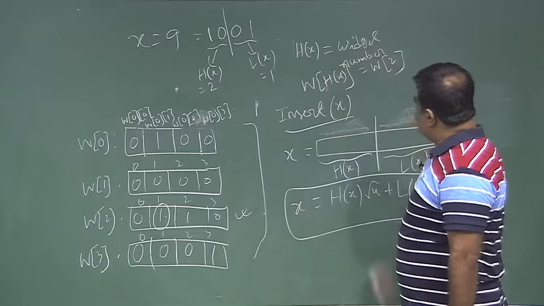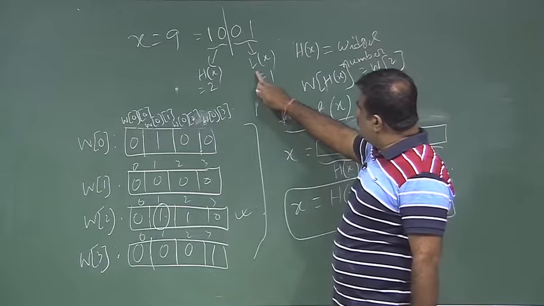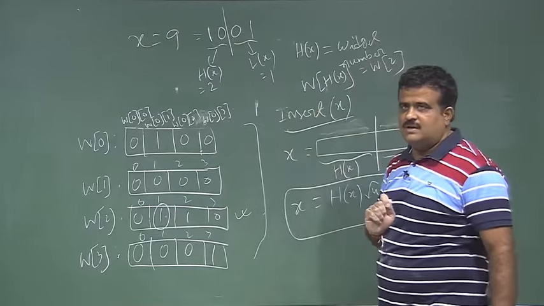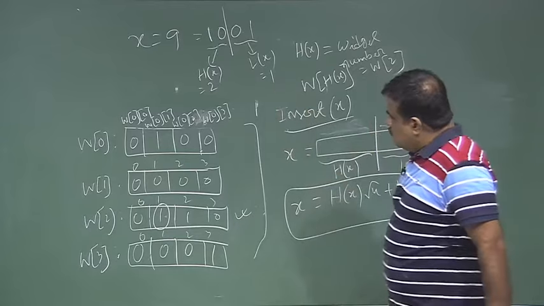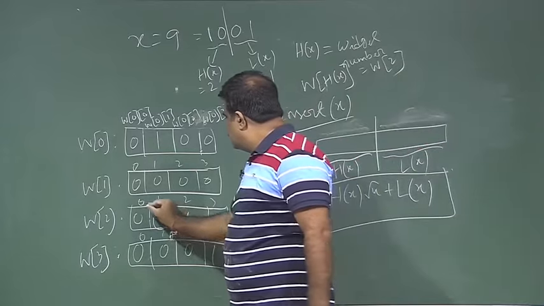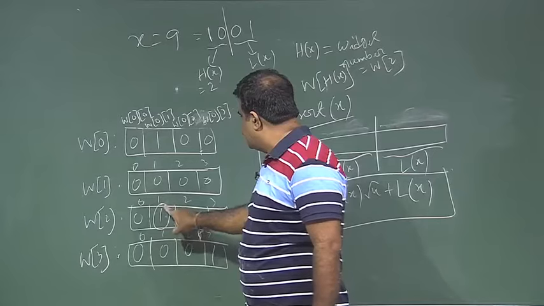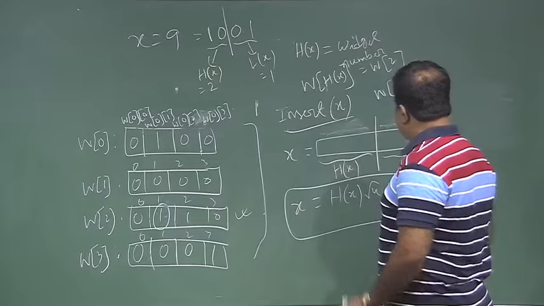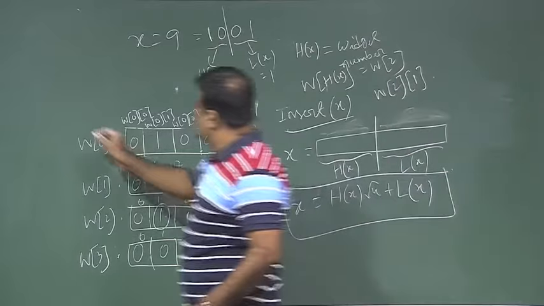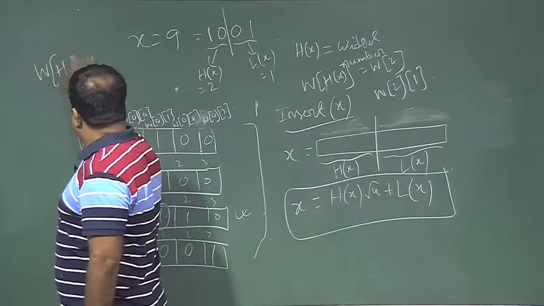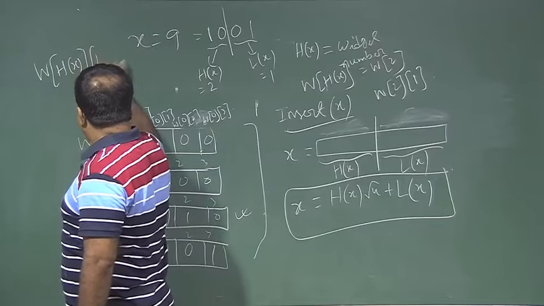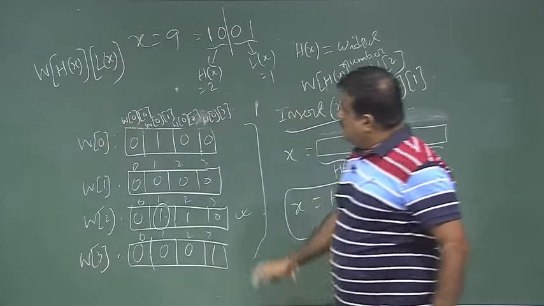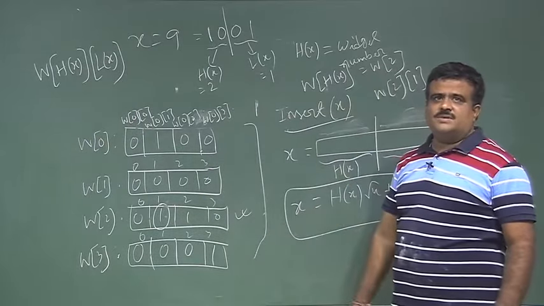In W2, the low of x gives the position of x in that block. This is 1, so we need to look at this 0 1 position, which is W2 1. So, this is W of h of x and low of x, which gives the position of x in this 2-dimensional representation.